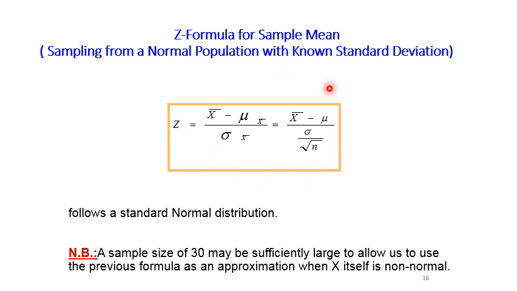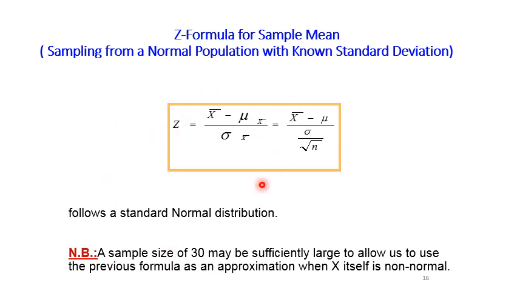So this formula will help me compute any probability related to X bar, and as we said before, X bar will follow the normal distribution if the population we are sampling from is normal, or if the population is not normal, but in this case I will have to use a large sample size, at least 30.